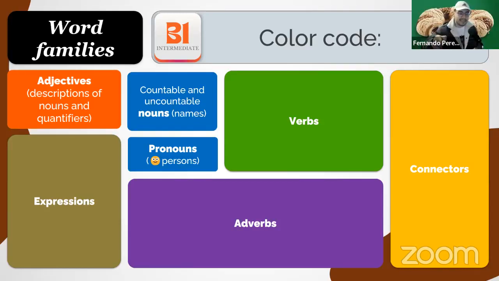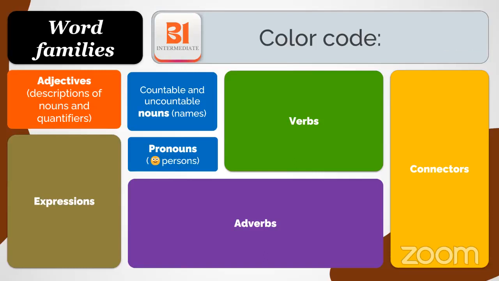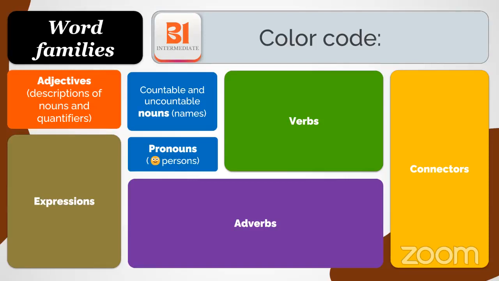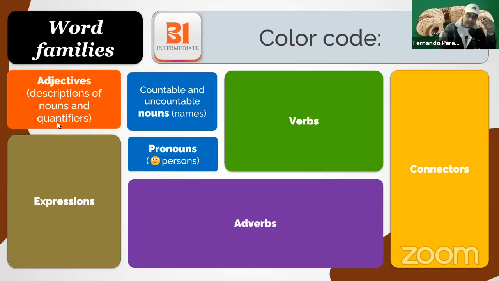Quantifier, quantity. 1, 2, 3, 4, 5. Many, any, some, much, a lot of. All these words that give you quantity, they are quantifiers and they are color orange. Nouns and pronouns are blue.